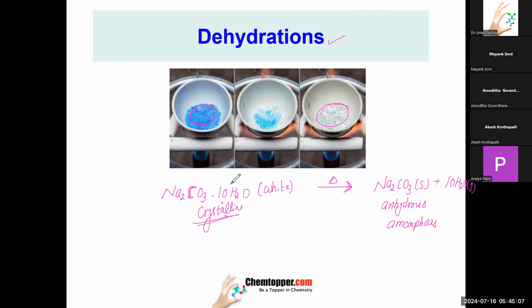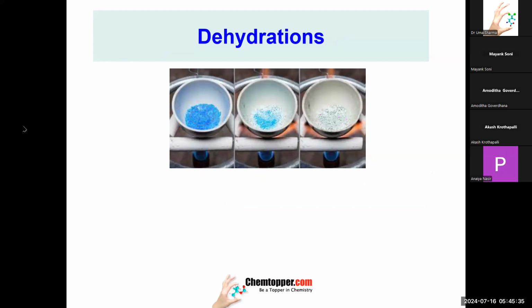Do you think this hydrated salt and this anhydrous salt have the same molar mass or different? Different molar mass. If you remember the quiz we did in Unit 1, there we were working with molar masses, moles. We were calculating these numbers. So try to do the quiz again.